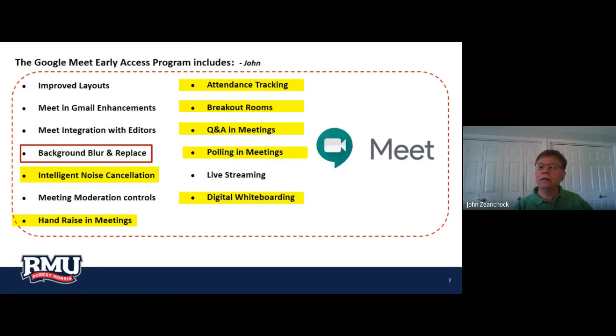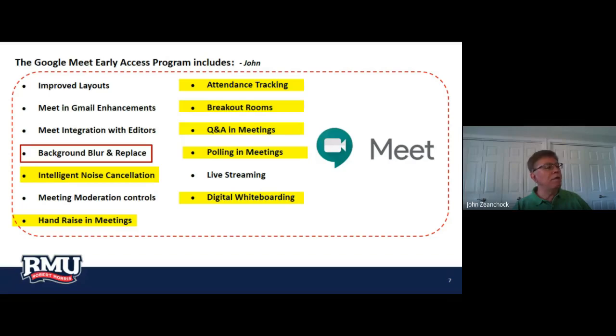They are trying to keep up with and be competitive with other types of platforms like Zoom and so on. So we are a beta test site, and as things roll out for beta, Phil is planning on making them available to faculty.